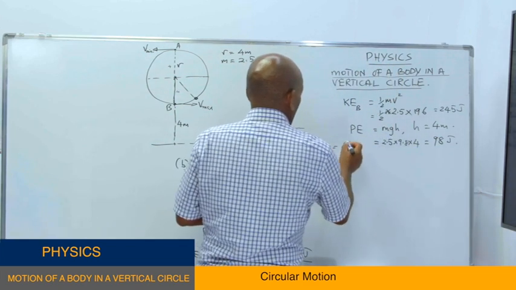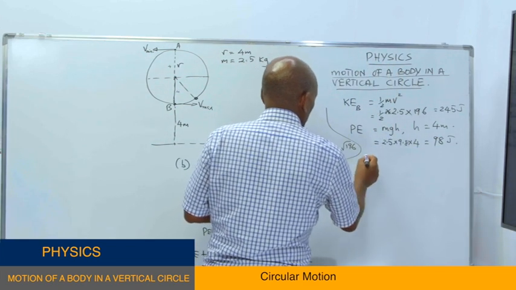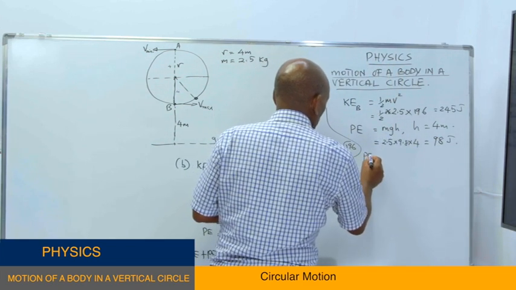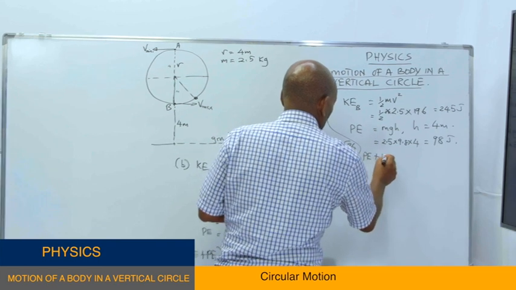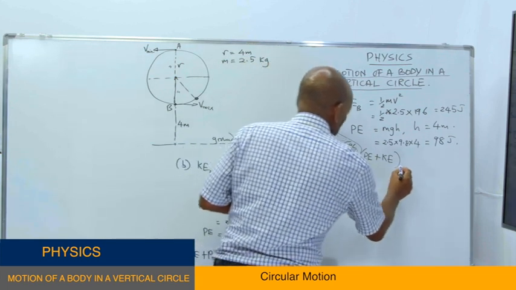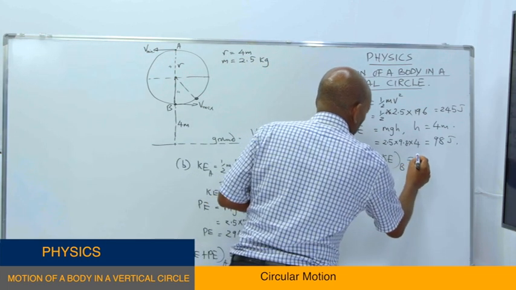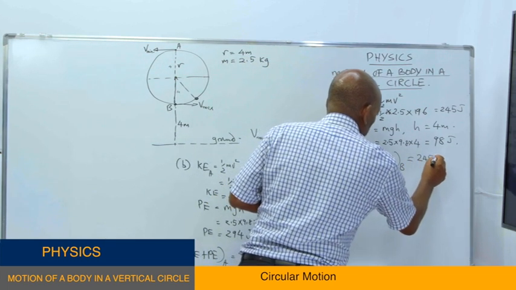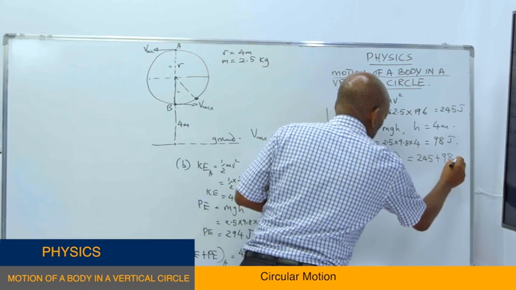And therefore, whenever we are looking at the sum total of the potential energy plus kinetic energy at the bottom, that is at point B, we are taking 245 joules plus 98 joules.